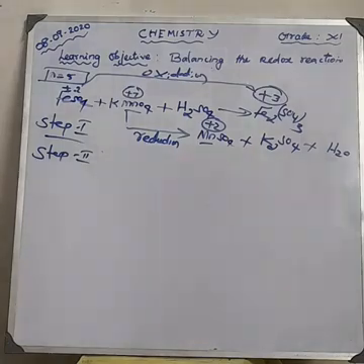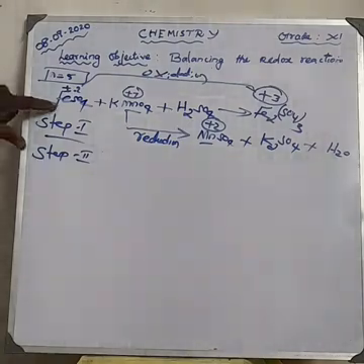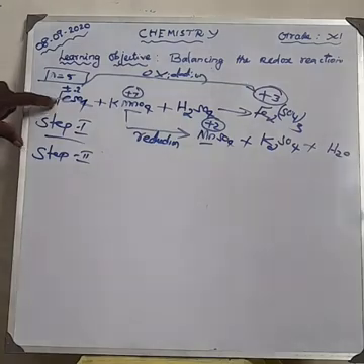Equate the number of electrons by cross multiplication. Here, I told you that in the first reaction, ferrous sulfate loses 1 electron. Am I right? Ferrous sulfate loses 1 electron, and we multiply that 1 electron by 2.